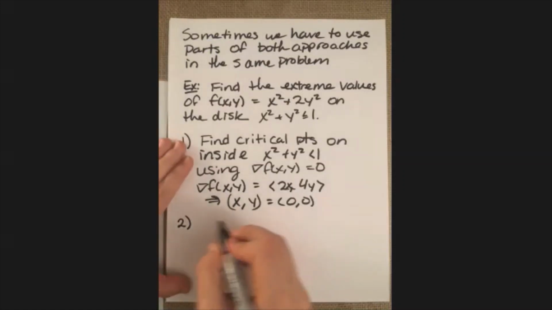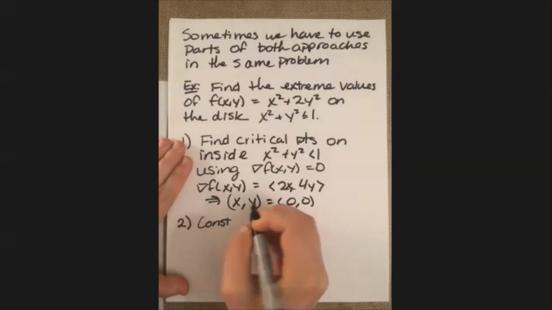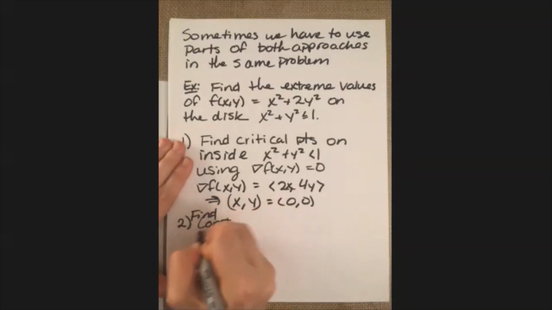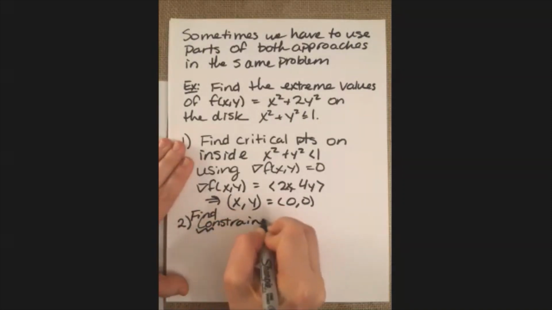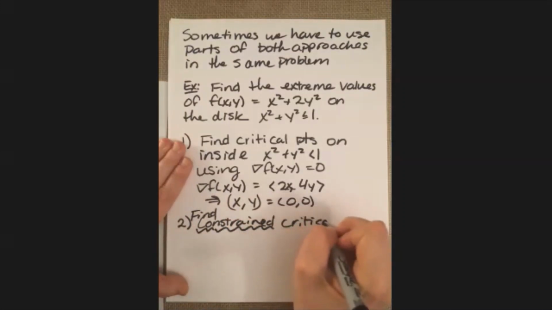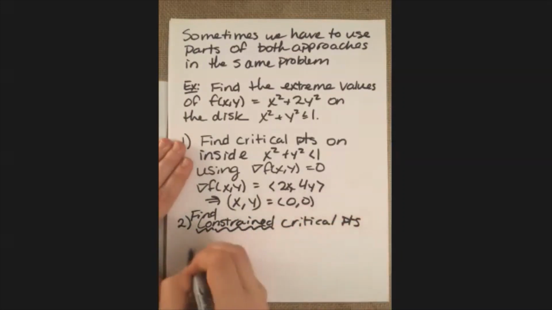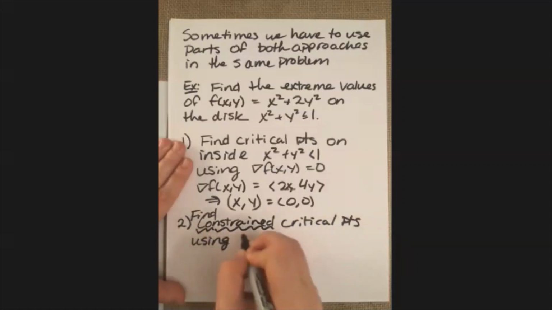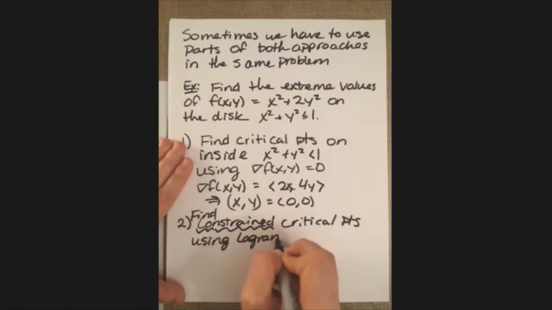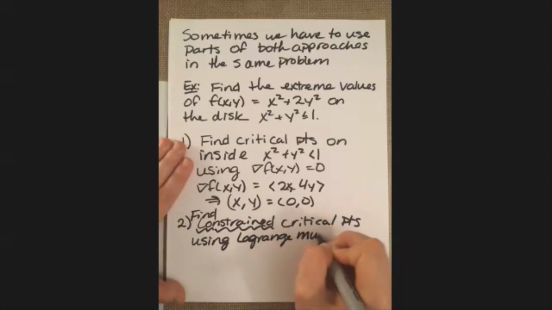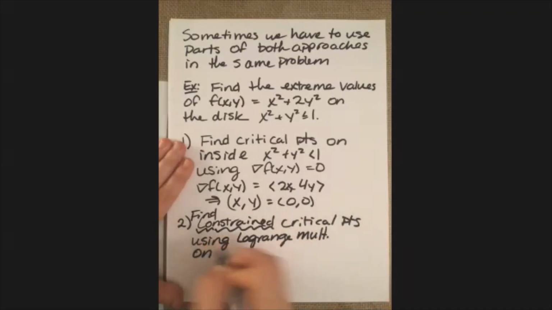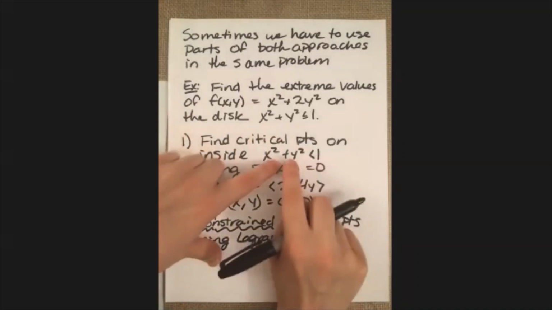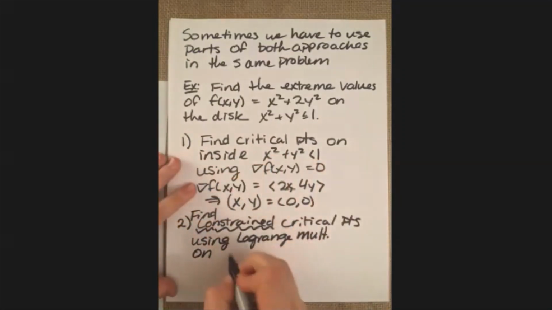Okay, so now what we want to do is find constrained critical points using Lagrange multipliers on the boundary that we left out, because we left out the part where x squared plus y squared is actually equal to 1.